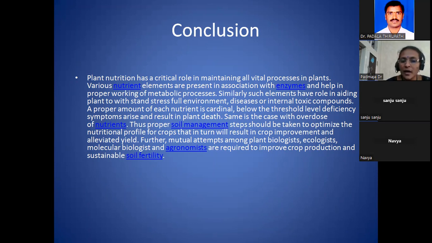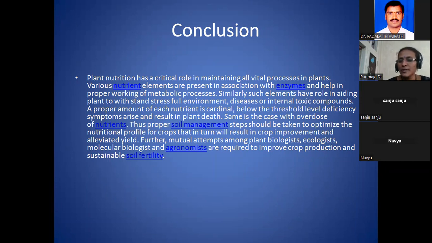Further, mutual attempts among plant biologists, ecologists, molecular biologists and agronomists are required to improve crop production and sustain soil fertility. If soil fertility is there, then only the crop will be in good condition, the yield will be good, and it will be commercially useful. There won't be any loss for the farmers.